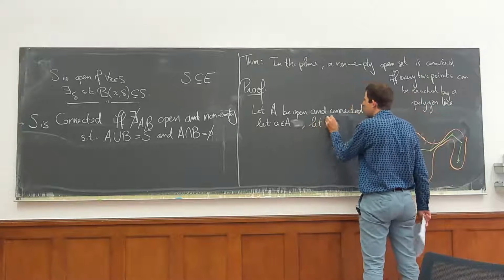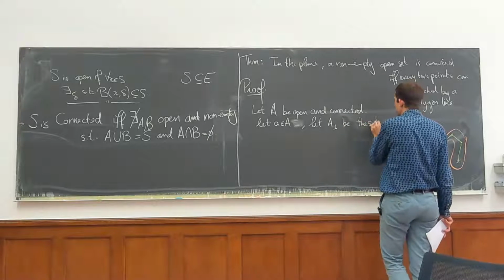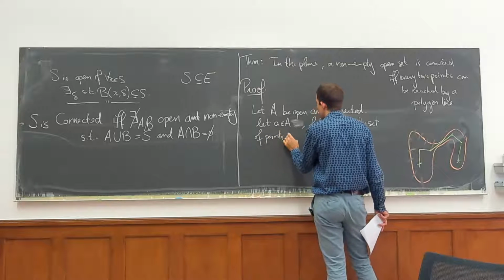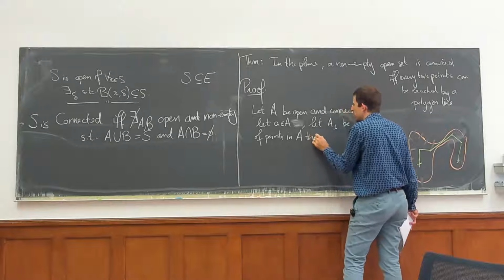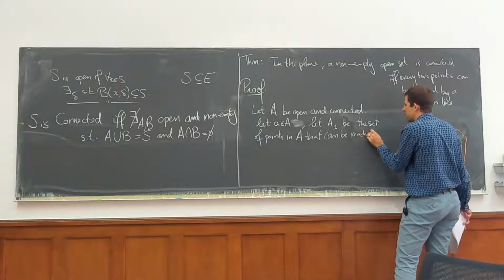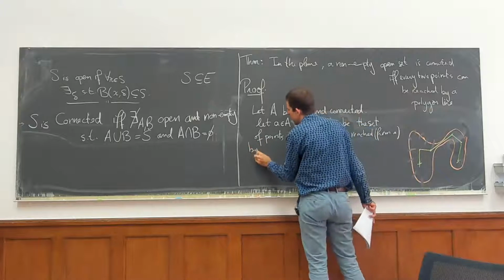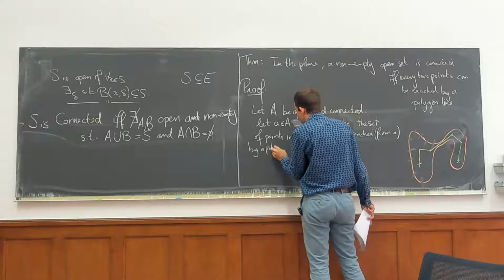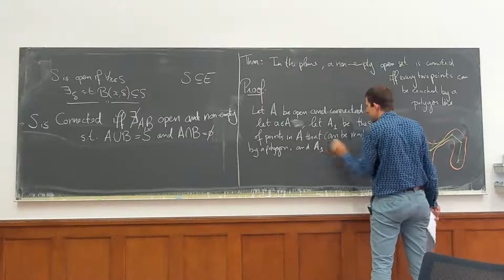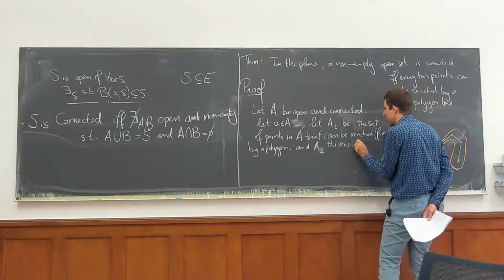So let A1 be the set of points in A that can be reached from little a by a polygon line, and A2 the ones that can't.